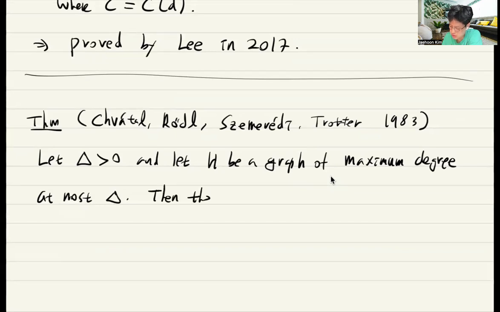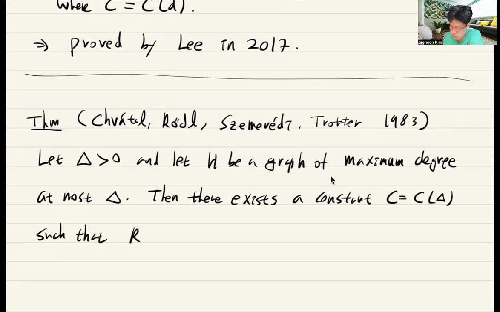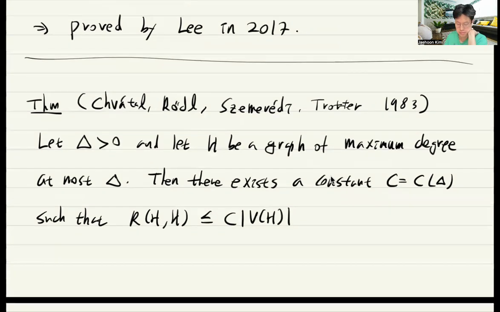Then they show that there exists a constant C, which only depends on this delta, such that this Ramsey number is at most C times the number of vertices in H.